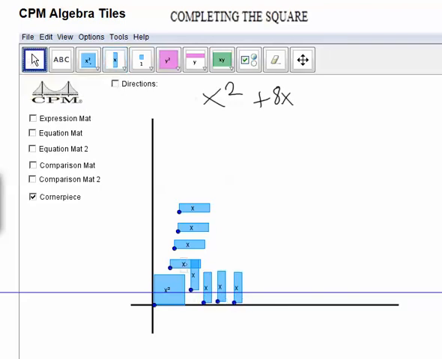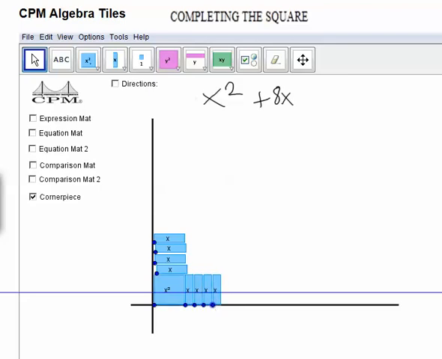So let's move these around so that it actually makes a square. The only way I can put these is this direction because they match up the side length to the side length.